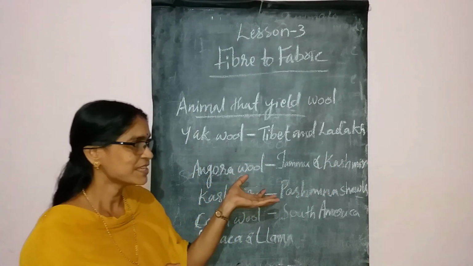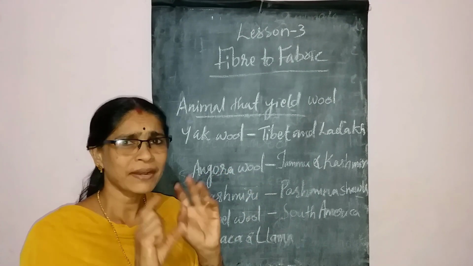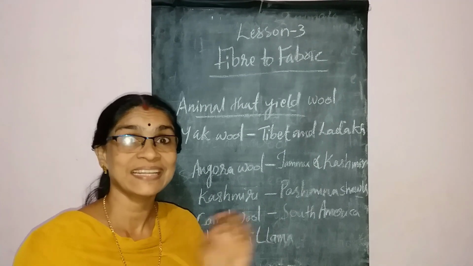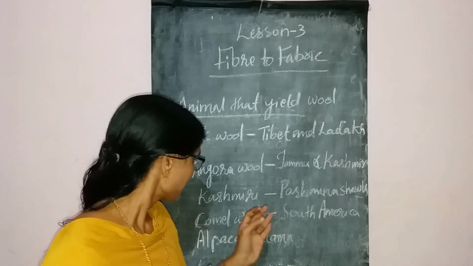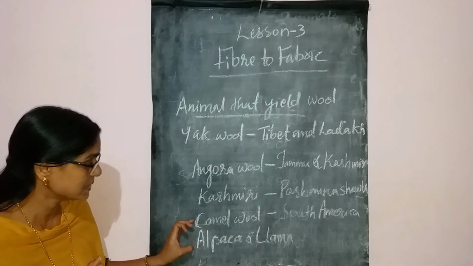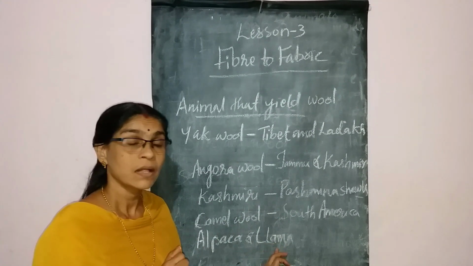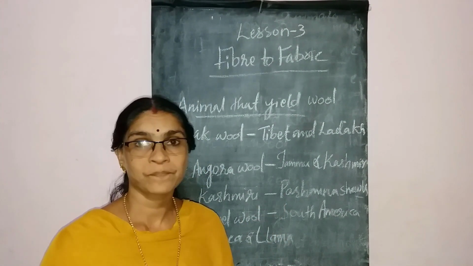Looking at it, the Kashmiri shawl is very beautiful. Different forms of art we can see in this shawl. Colorful and very beautiful. And then we saw that some camel varieties like alpaca and llama also provide us wool which is famous in South America.